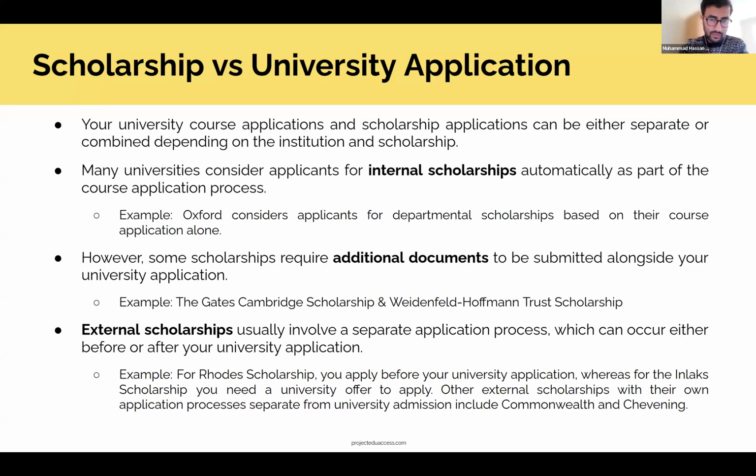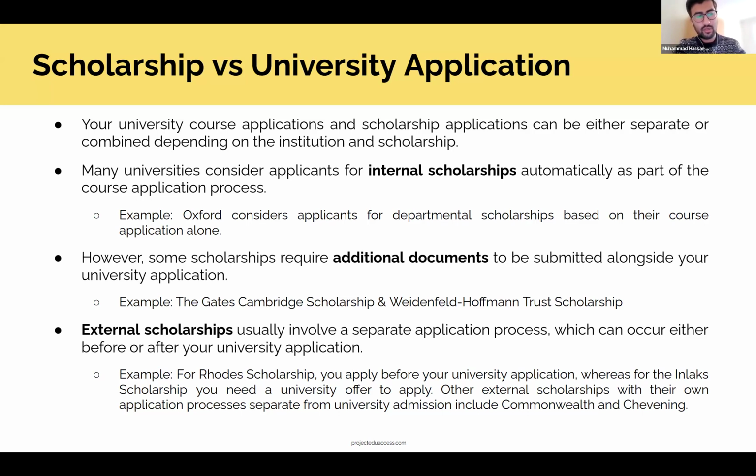And if you're looking for external scholarships, for example the Rhodes scholarship, there would be a separate program and a separate portal for it, in which they list down how you would aim to go about it. So they would have their own separate process from the university admission, such as Commonwealth and Chevening. With Chevening, you apply for the scholarship.